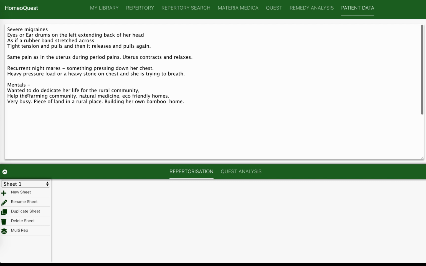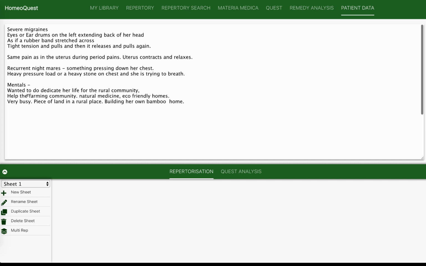She and her husband, who was an architect and used to build eco-friendly homes, got themselves a piece of land in a rural farming community, and she was building her own bamboo home. She was giving natural medicine to the farmers around, and they were setting up their life there, extremely busy, everything hands on.